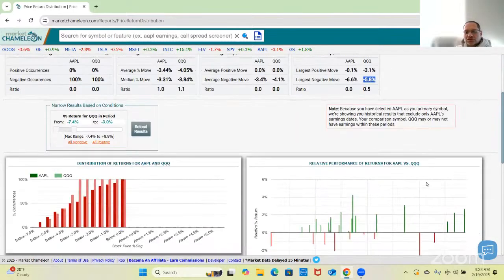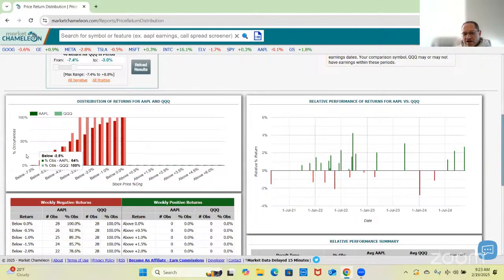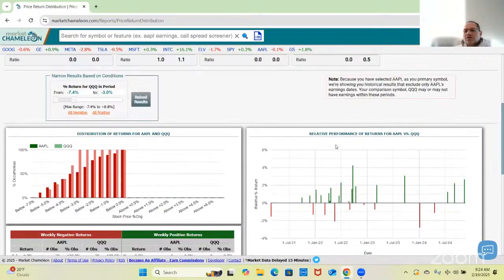So this is showing us graphically what that looks like. This below 3%, the QQQ versus Apple. And this shows us the relative performance of Apple versus QQQ.